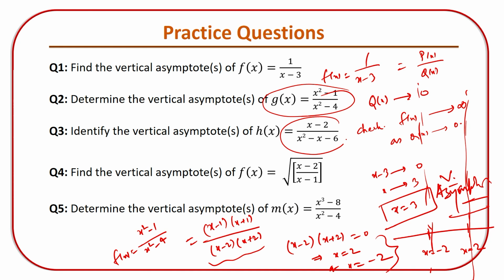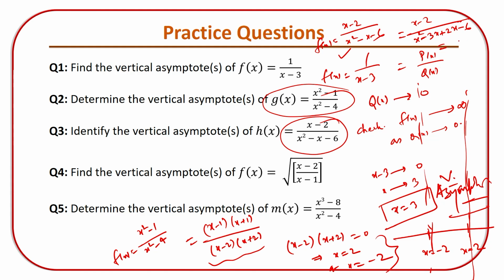Similarly, can you find this one? Let us do this: x minus 2 divided by x square minus x minus 6, right? So how can I simplify it? x minus 2 divided by x square minus 3x plus 2x minus 6, right?